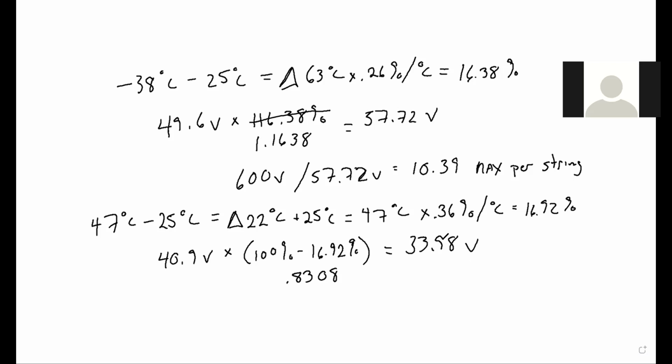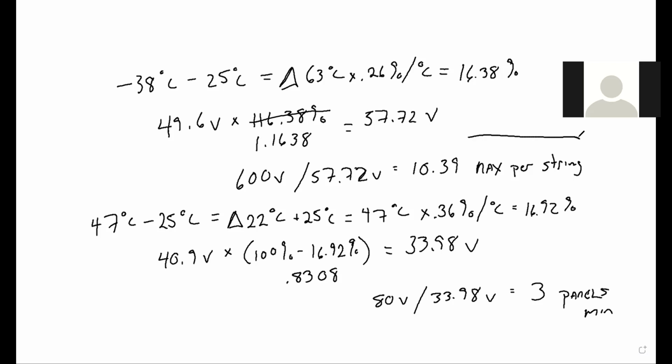You notice there's quite a range between those. So I know what the voltage is. I'm going to take the minimum startup of the inverter, which was 80 volts, and divide that by 33.98 volts. I'm going to know that I need 3 panels minimum. I don't even have to do the math on that. So that's the minimum.